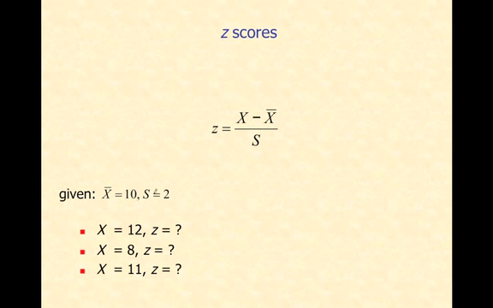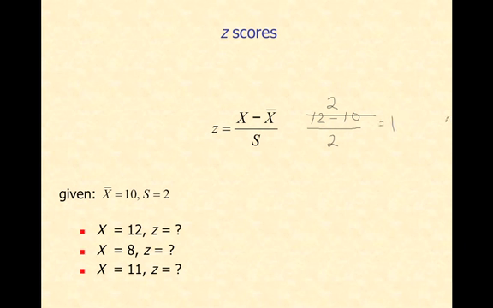If our observed score is 12 and our mean we said was 10, I'll have to excuse my mouse drawing here, and we divide by our standard deviation, in this case 2. And of course 12 minus 10 simplifies to 2, and 2 over 2 is 1.